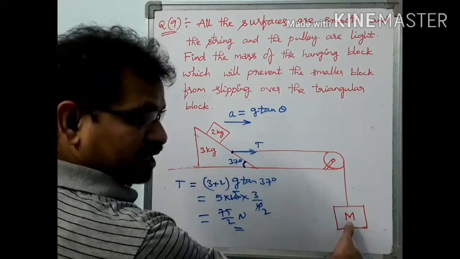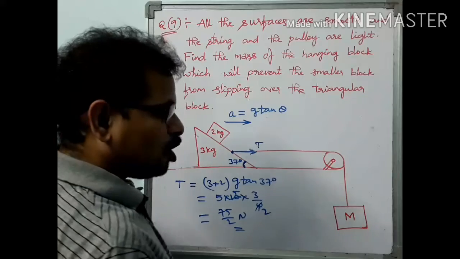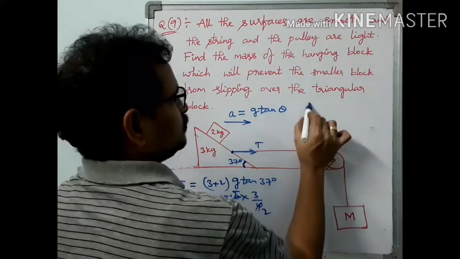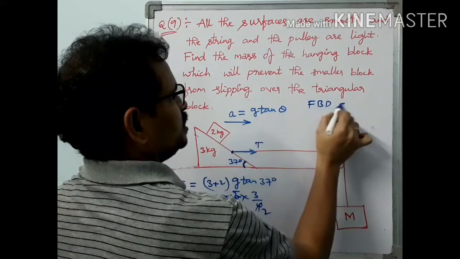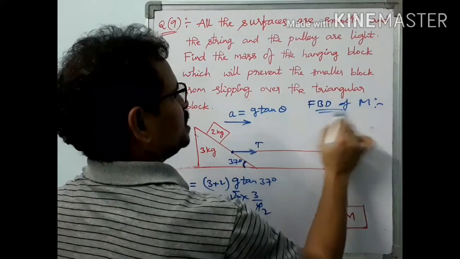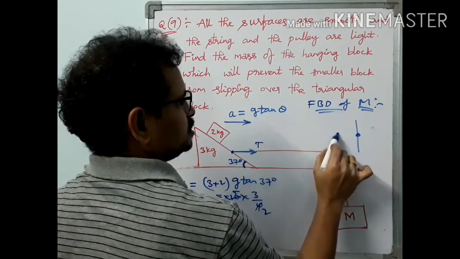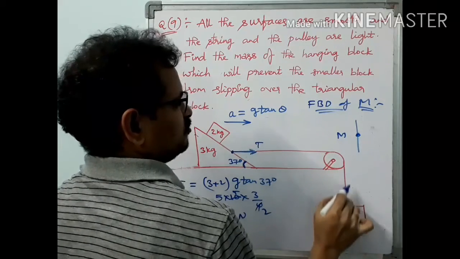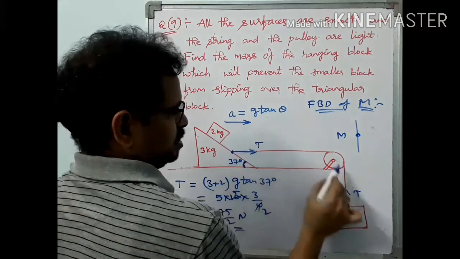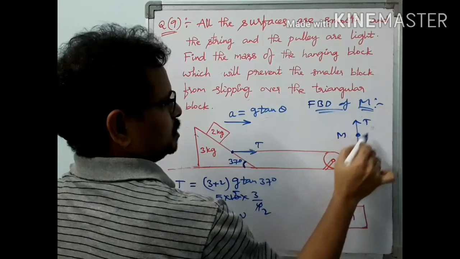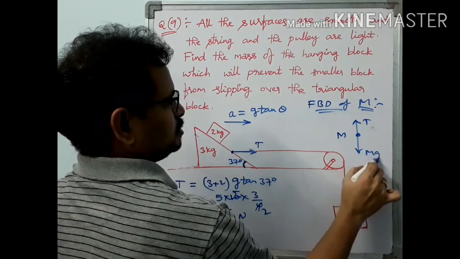But our target is to find m, no? So how much must m be? What will you do now? FBD of m. Let us check what forces are acting on m. Let us make it a point mass first. This is m. Upward force is tension T, no? Single rope system. Downward force is mg.